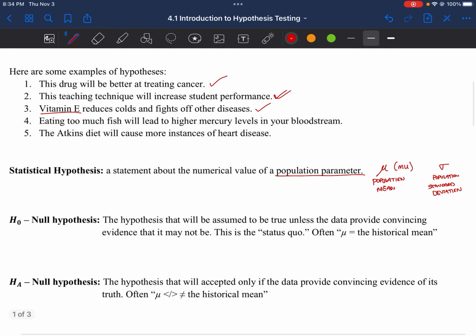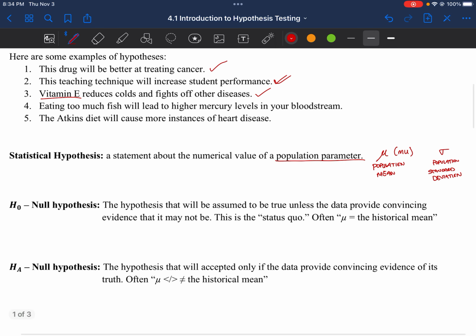So we actually have to form two separate statements. We break it up into two things. We have our null hypothesis, which is H naught, H sub 0.